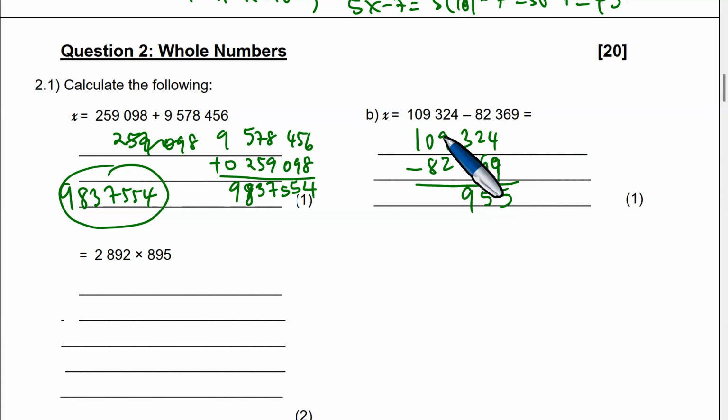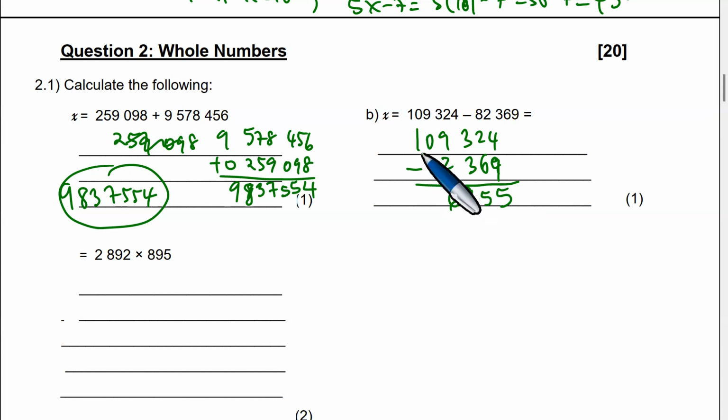Okay, you borrowed 1 here. This made this 8. What is 8 minus 2? 6. Right, so you have exactly this. Now you need to say 0 minus 8, but you can't, so you must borrow 1.